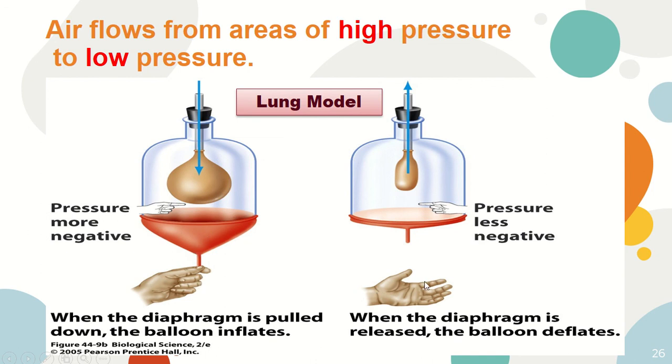Now, pag binitawan mo naman siya, madideplete. Mapapansin nyo, mag-move upward ang ating diaphragm and also magkakaroon ng relaxation sa muscle or sa ating lungs. Okay? So, there's a decrease in volume kasi inilalabas natin yung carbon dioxide.